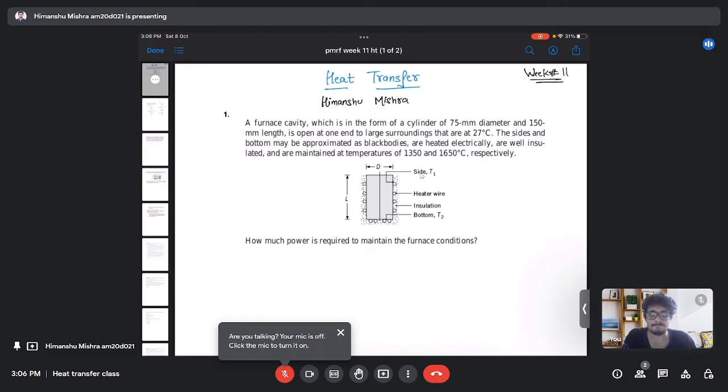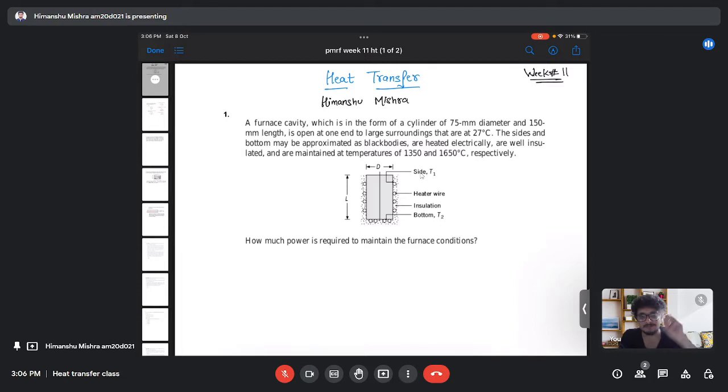So basically we are required to find the heat transfer. We are given the temperature of the sides and the bottom wall, the ambient temperature is also given, and we have the geometry. So we need to find the radiation that emerges from the sides and the bottom to the outside, because outside is at a lower temperature, so there will be heat transfer due to radiation from inside the cylinder to the outside surroundings.